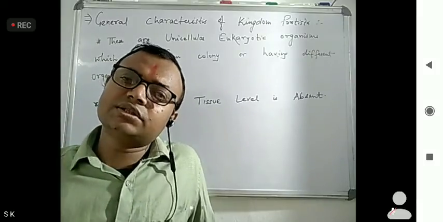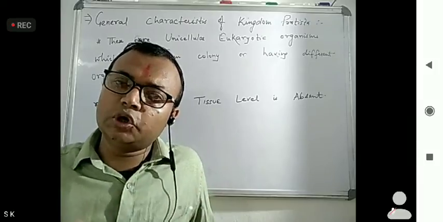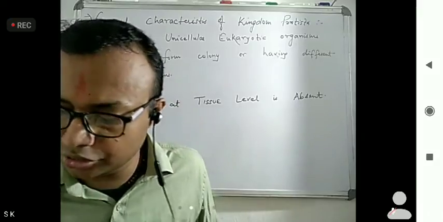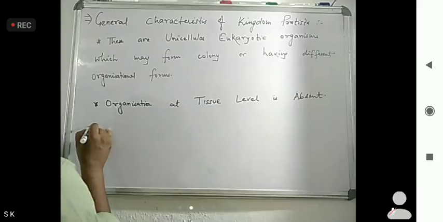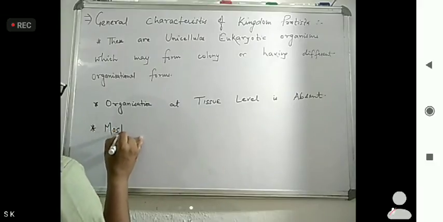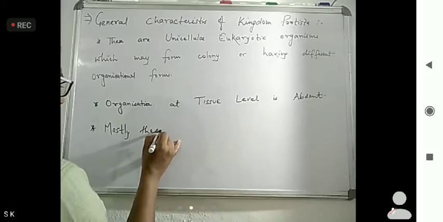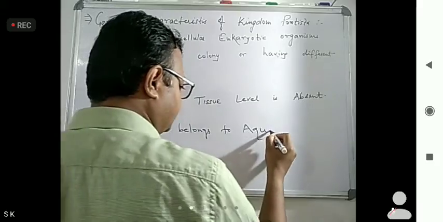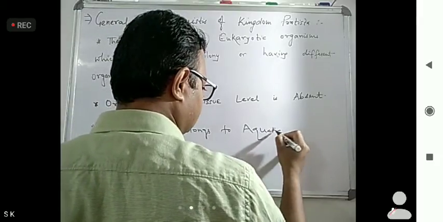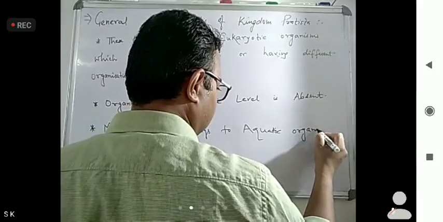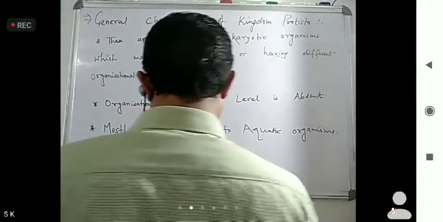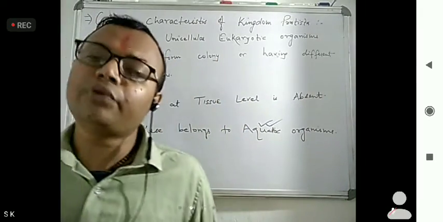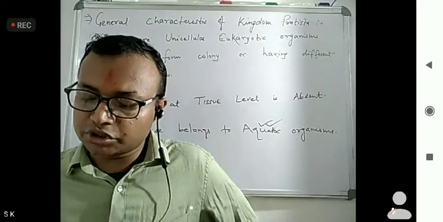Now these Kingdom Protista organisms mostly belong to aquatic. Aquatic means watery nature. So mostly these are aquatic organisms. Aquatic means they are found mostly in water.